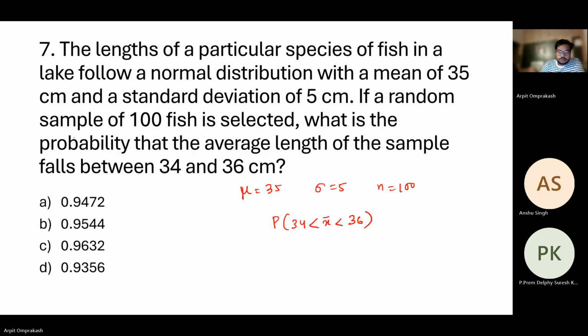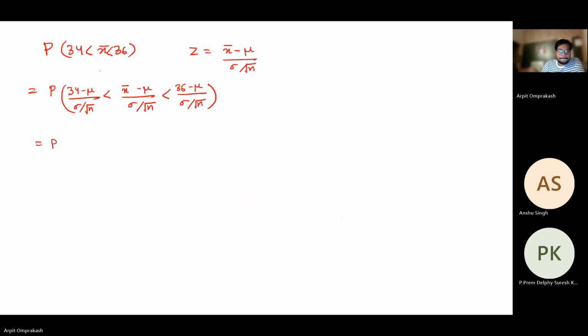So mu is 35, sigma is 5, n is 100. So z is less than 36 minus 35 by 5 by root 100.